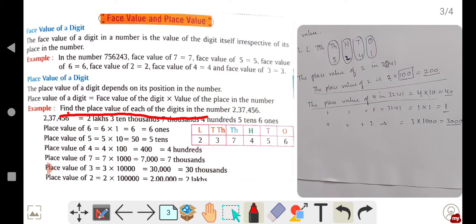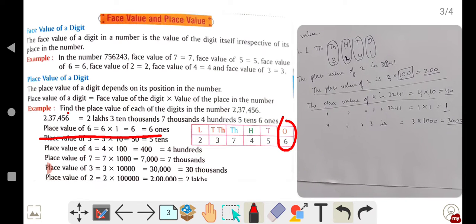So each digit's place value you should find. Now the number is given, 2,37,456. Now you can see here place value of 6. They always start from the ones place.